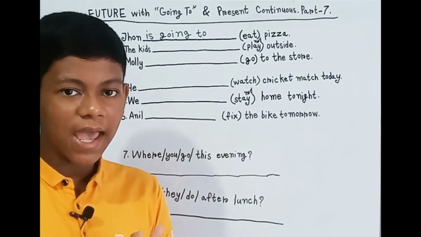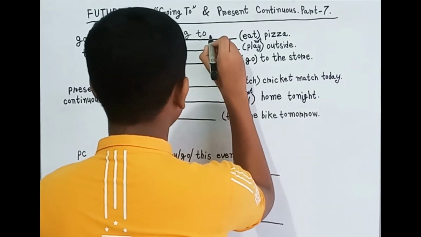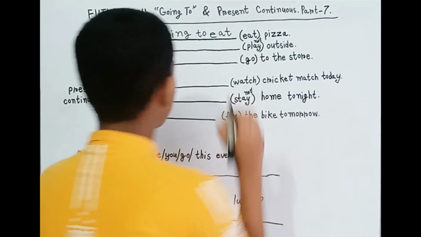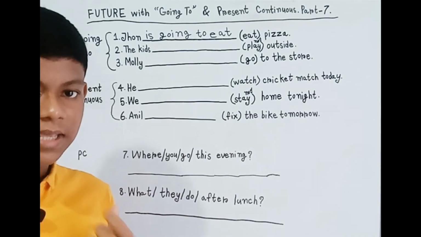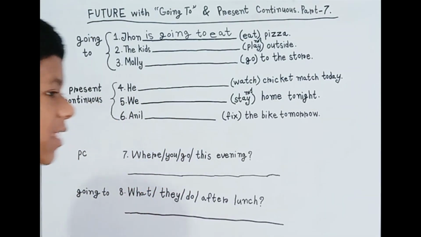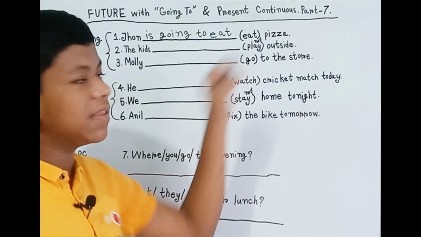Then what can we add? Eat, because our main verb is eat. So after going to, we have to add eat. Then our sentence becomes: John is going to eat pizza.